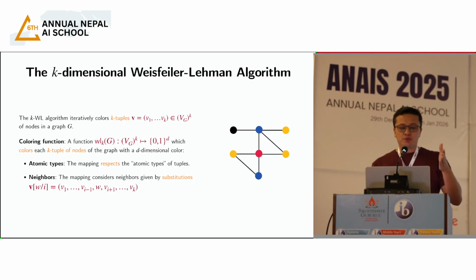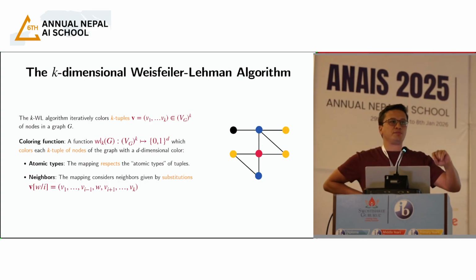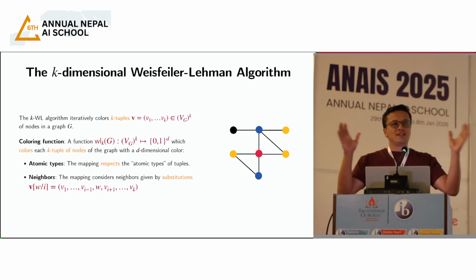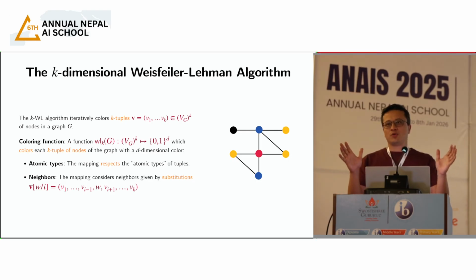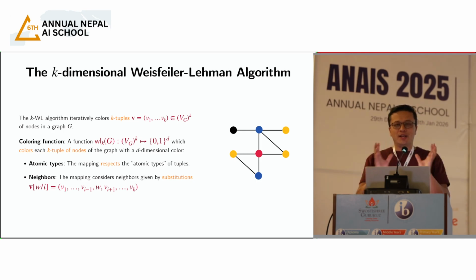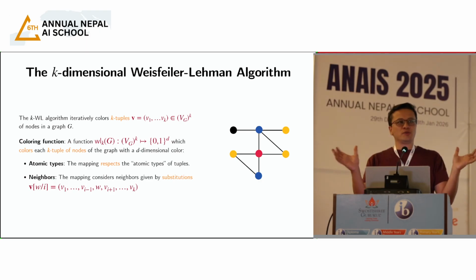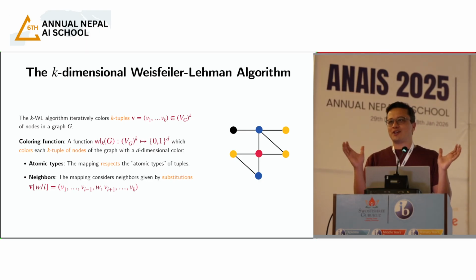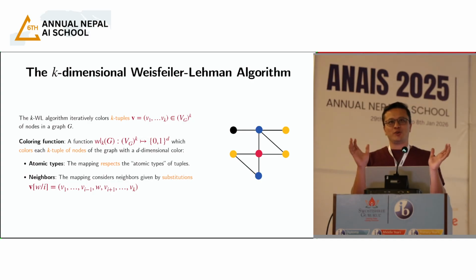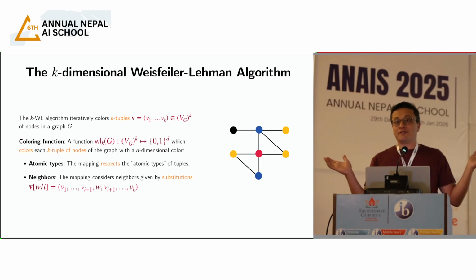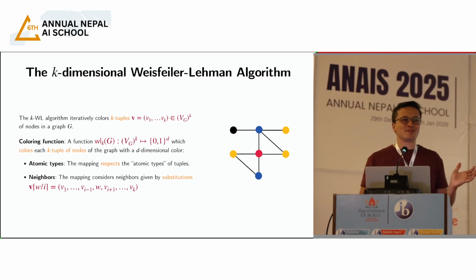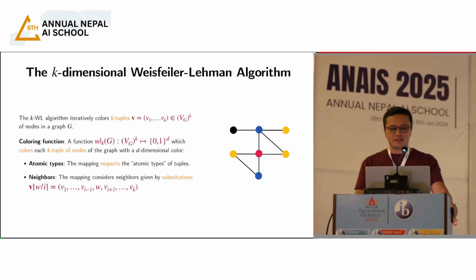So with respect to each position, I can corrupt with respect to each node, and this k-tuple will be considered a neighbor. So when updating the color of my k-tuple, I look at all k-tuples of this form, and you can imagine there are many, many of them. For each position, I have V choices in the graph, and I have k argument positions. So V to the k combinations.